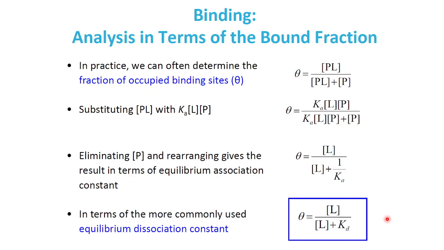Now, if we analyze this binding in terms of bound fraction, then we often determine the fraction of occupied binding sites, and you call this constant theta. Now, this theta has a relationship with your equilibrium constant.